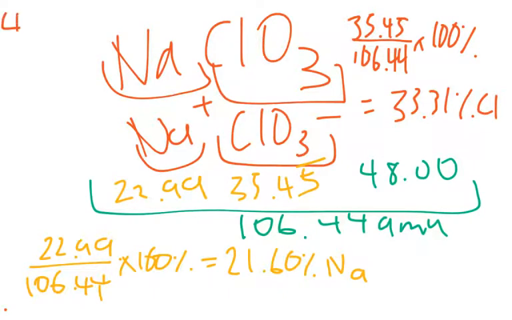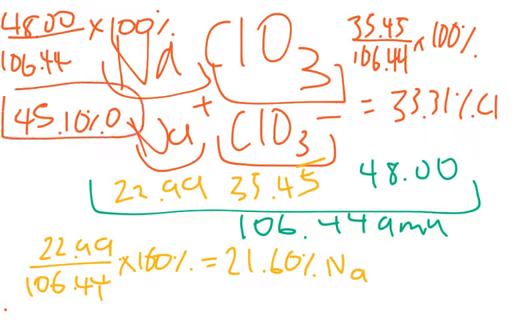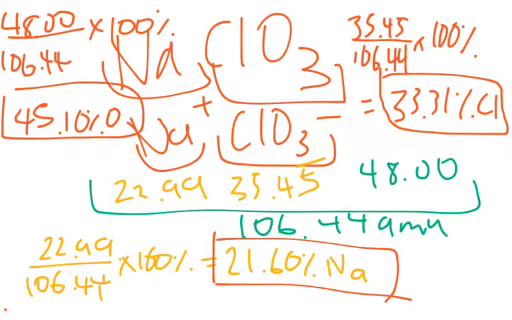That will be just 48.00 over 106.44 times 100%. And if you do the math, it comes out to be 45.10% oxygen. So notice how these 3 mass percentages add up to a number that is very close to 100%.